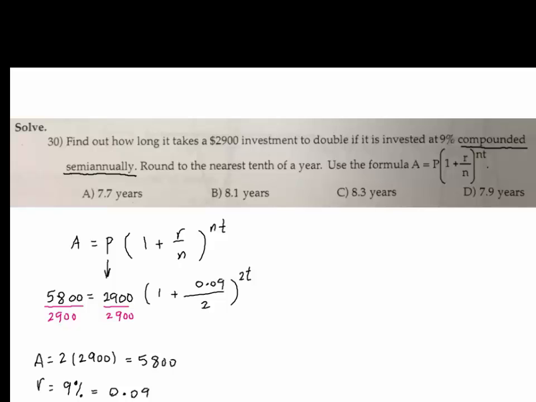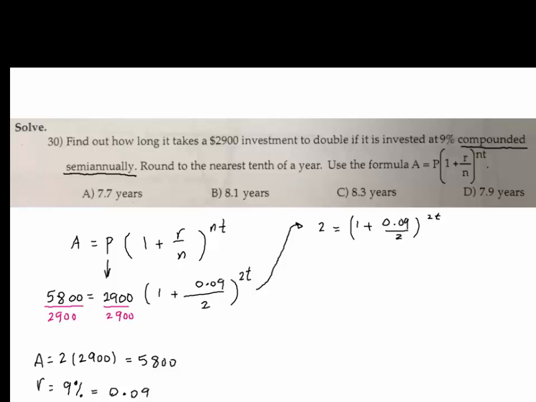So I'm going to carry on here. So we get 2 is equal to 1 plus 0.09 over 2 to the power of 2t. So let's figure out what this is. What is 0.09 divided by 2?